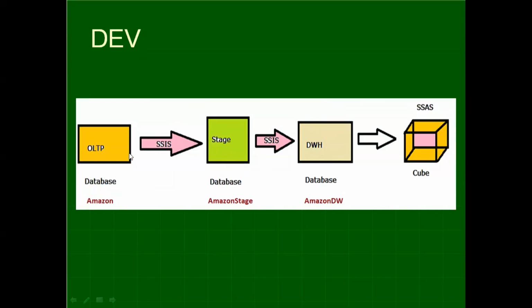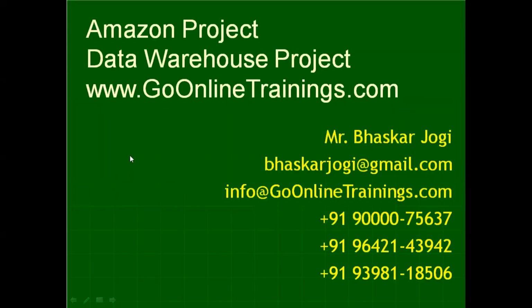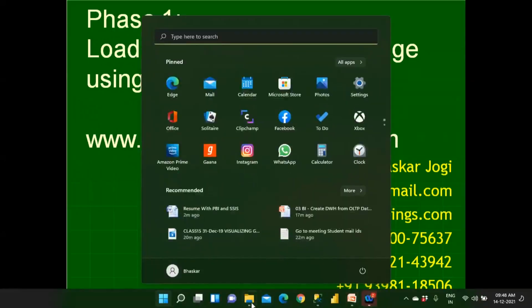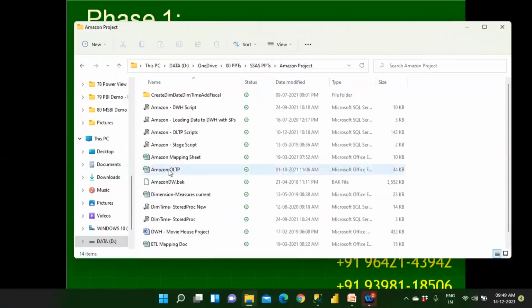So if you want to design a data warehouse, what are the things that you have to know, and how to load the data from OLTP to staging, we also have to discuss today. Now let me quickly go back and tell you about the Amazon OLTP scripts.